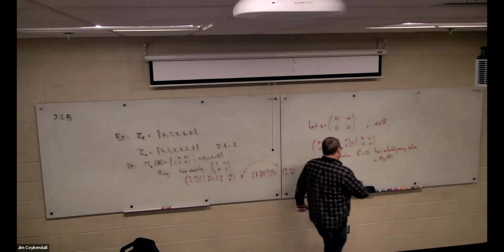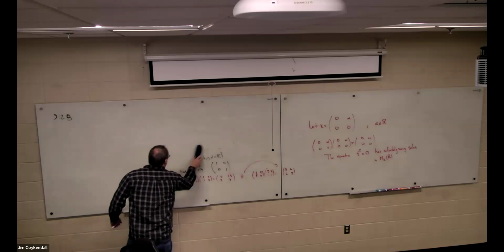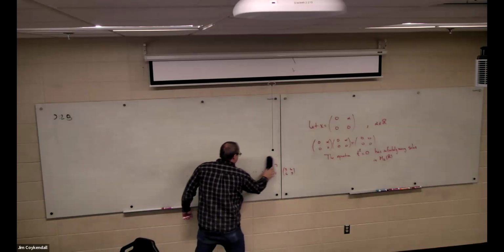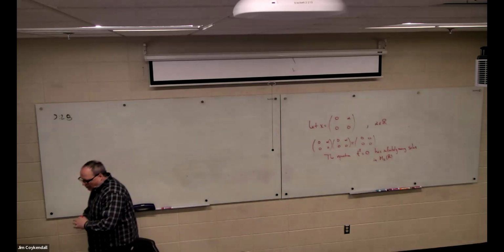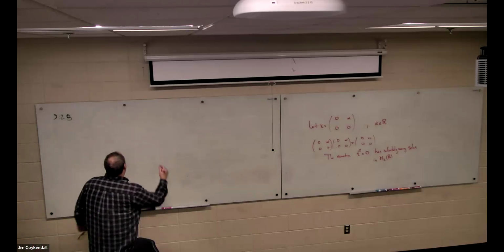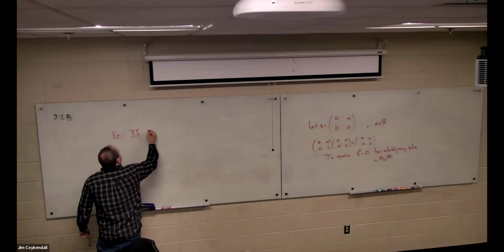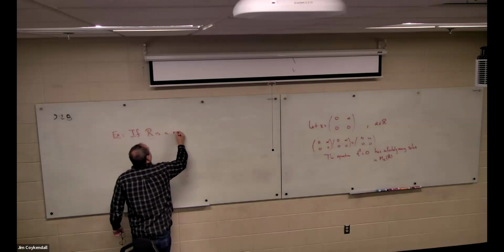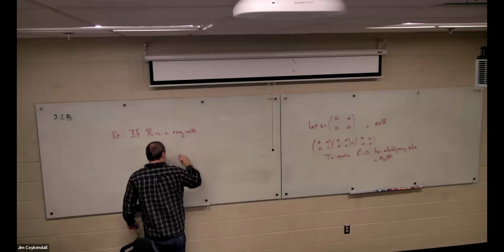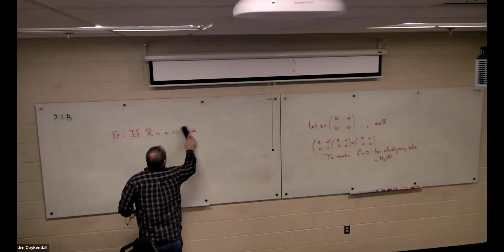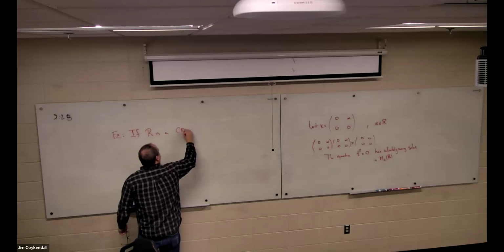So let me give you another kind of large class of examples. We'll talk more about this kind later. Example: if R is a ring, well, actually, we'll say a commutative one. I can also do this more generally, but let's do this now.